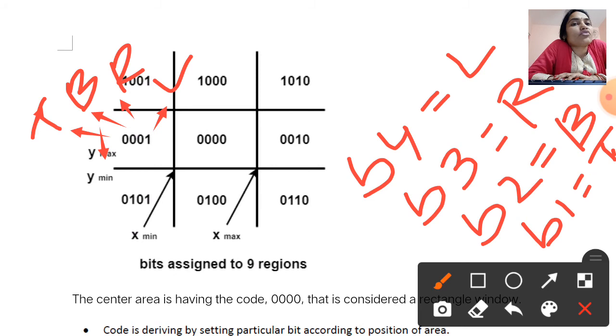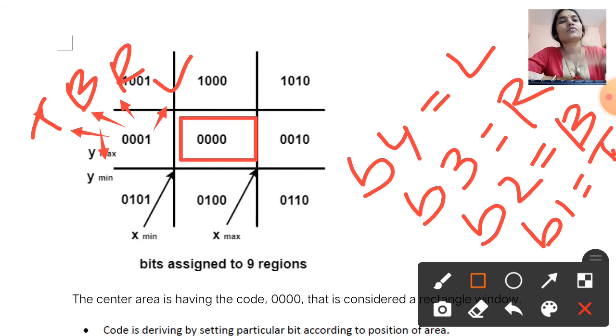That means if B4 is set to 1, then it is the left side of the window. Window is which one? This one is your window. If bit 4 is set to 1, then it lies on the left side of the window.